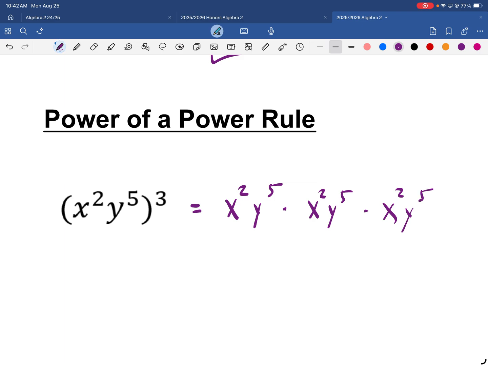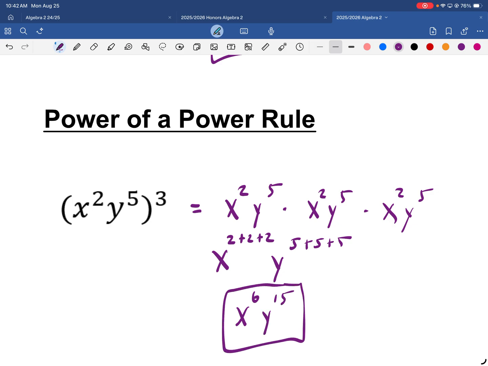Now we can just follow our product rule. Product rule says that you add exponents. So we've got x to the 2 plus 2 plus 2 and y to the 5 plus 5 plus 5. Do I expect you to write all of this down? No, I do not. I expect you to be able to go right to the end of this. Okay?